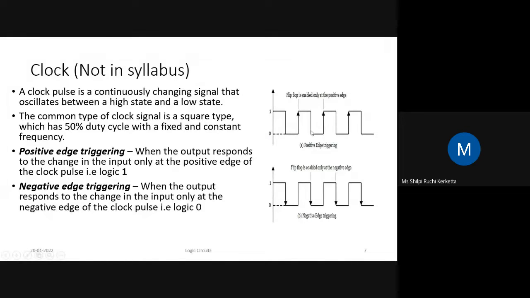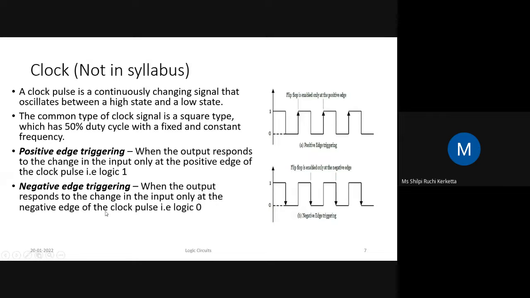Whenever this positive edge is coming, only then our JK flip flop is working. That is positive edge triggering, meaning when it is a 1, only then our flip flop is working. JK flip flop and D flip flop were all positive edge triggering.